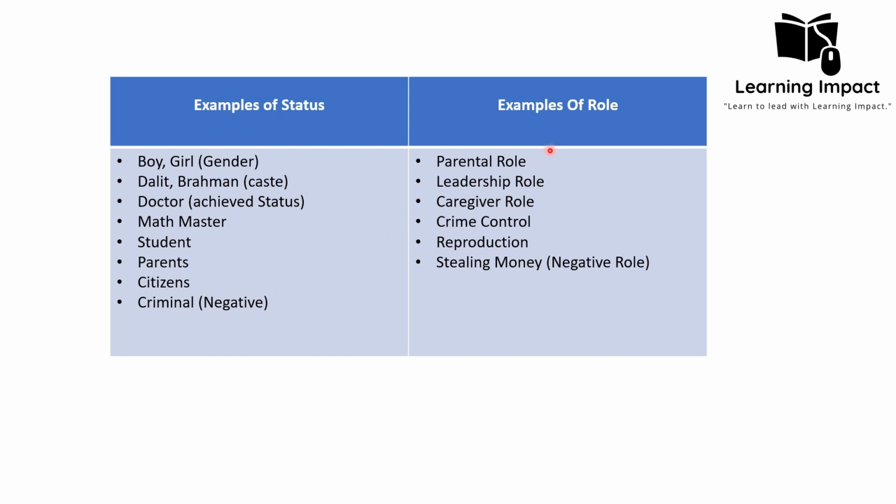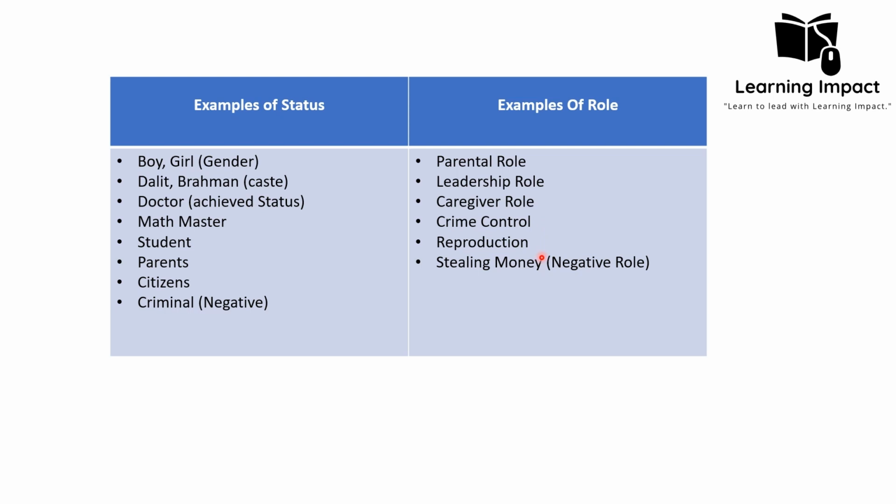Then in the case of examples of role, a couple who are married and have children, the parental role is expected from them because of the status that they are parents. Leadership role, the role which is expected from the leaders. The caregiver role, the crime control role is expected from the policeman. Reproduction from the married couple is expected behavior.